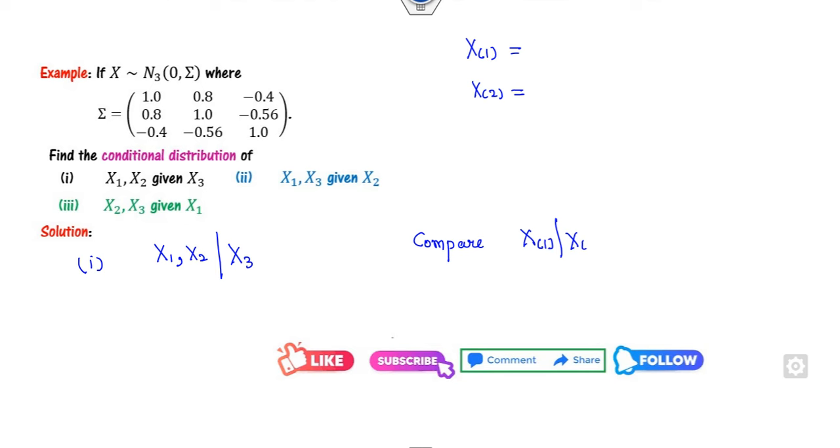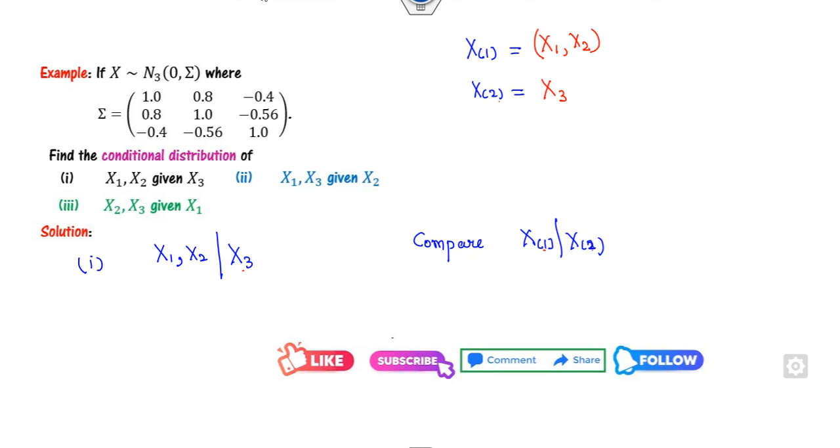Can you find the value of x1? X1 will be x1, x2 and x2 will be x3. This is your target.